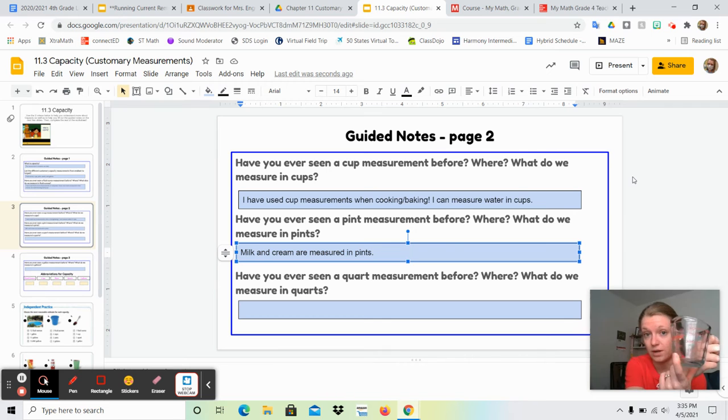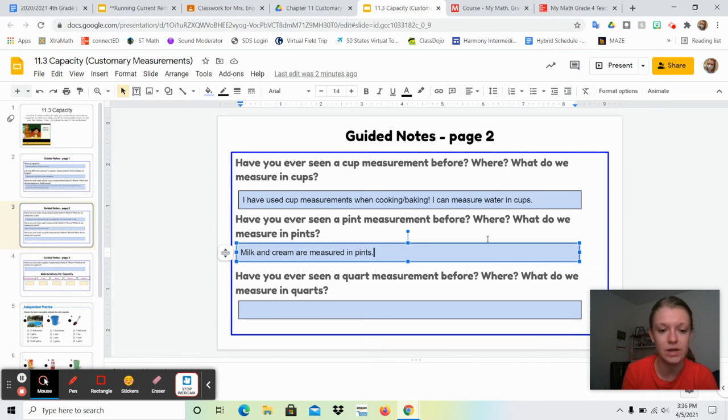It's 8 fluid ounces. So you need 16 bottles of nail polish, most likely, if they're all half fluid ounce, to fit into a cup. Then there's 2 cups in a pint. So I could fill this up to the 1 cup line twice and pour it into this container and it would fit.